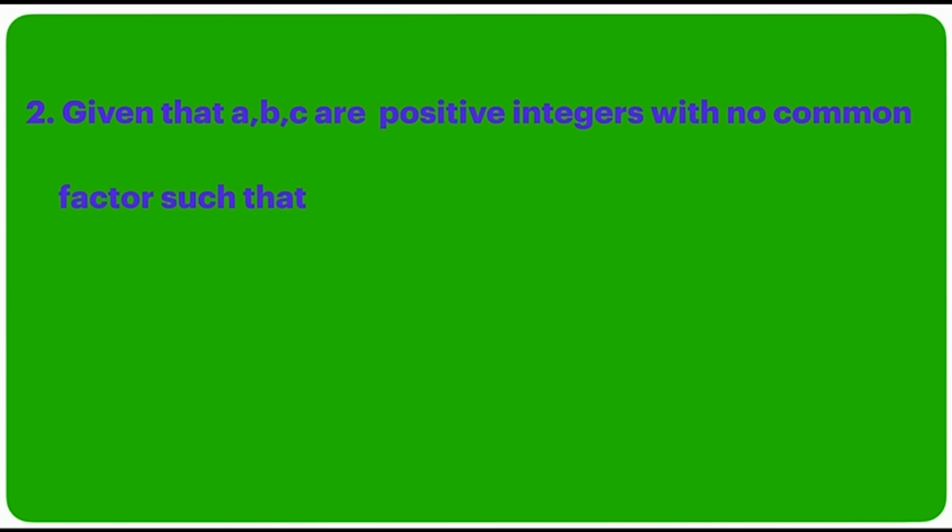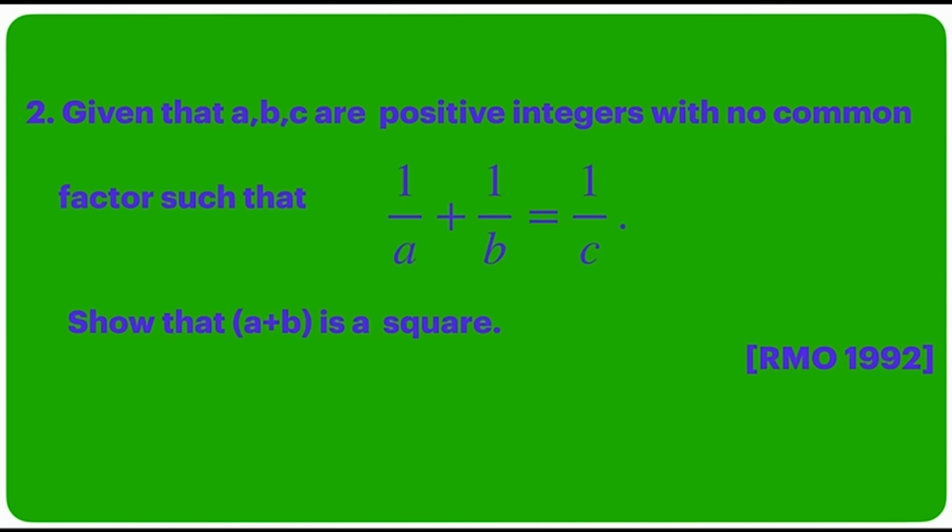The second problem is: given that a, b, c are positive integers with no common factors, such that 1 by a plus 1 by b equals 1 by c, you have to prove that a plus b is a square. The problem is not very hard, it is quite easy, but to some extent it is tricky, and you have to know the actual arguments of factorization.